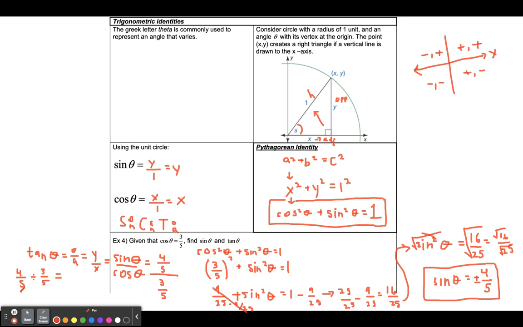So that's the same thing as saying 4/5 times 5/3, which is going to give me 4 times 5, which is 20, and then 5 times 3, which is 15. And once I simplify that fraction, that's going to give me 4/3, which is my tangent of theta.